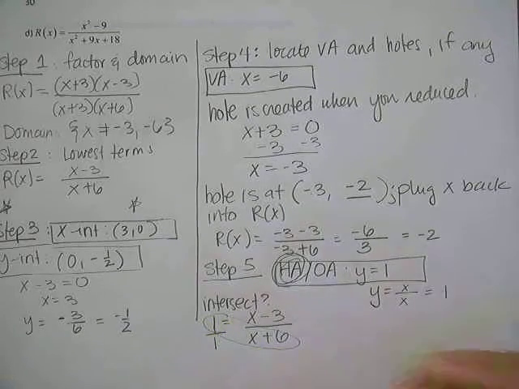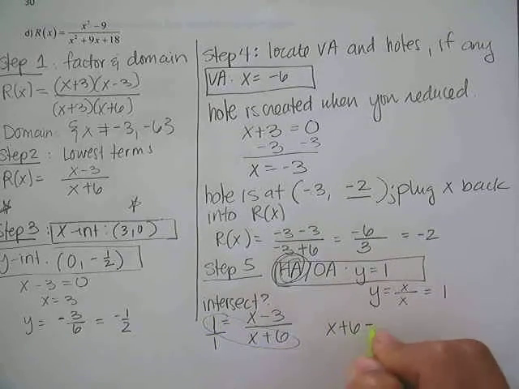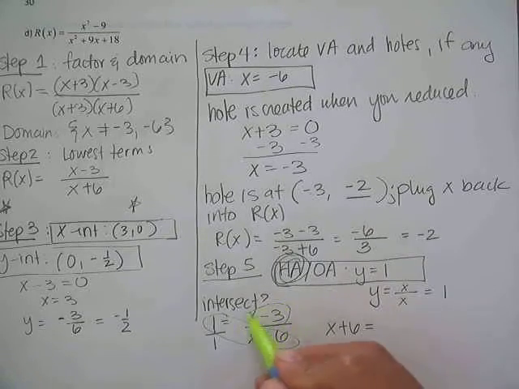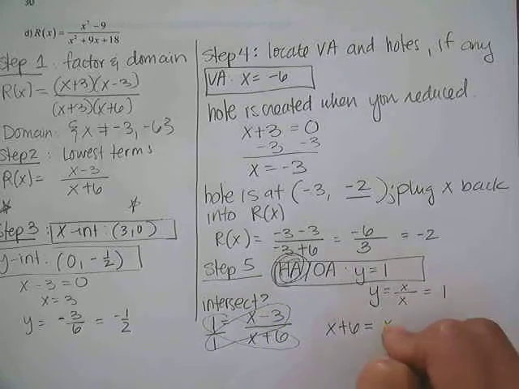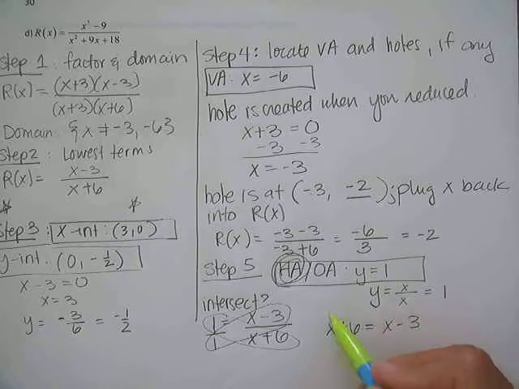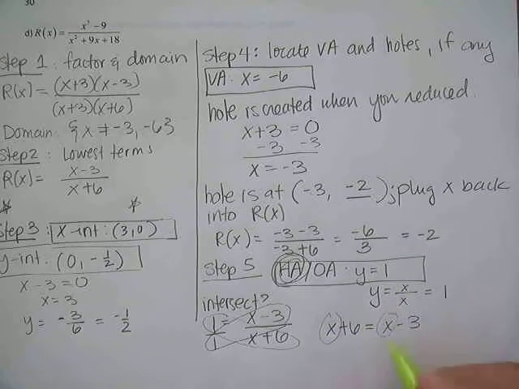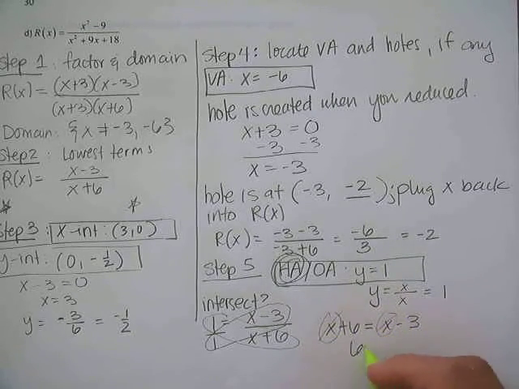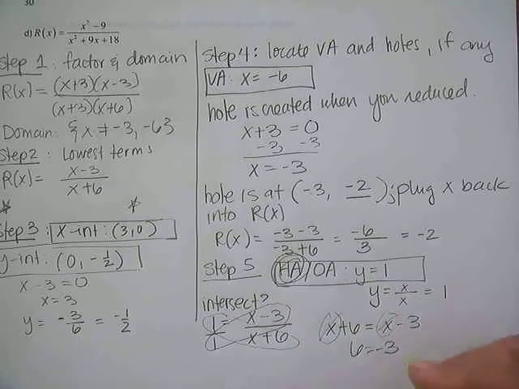1 times x plus 6 is going to be x plus 6 equals 1 times x minus 3, which is x minus 3. We have x's on both sides. They can both cancel each other out. So 6 equals -3. This is never true.